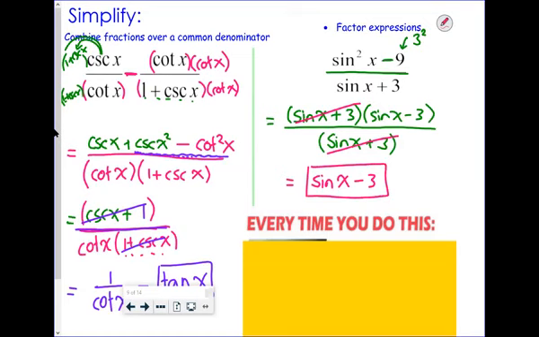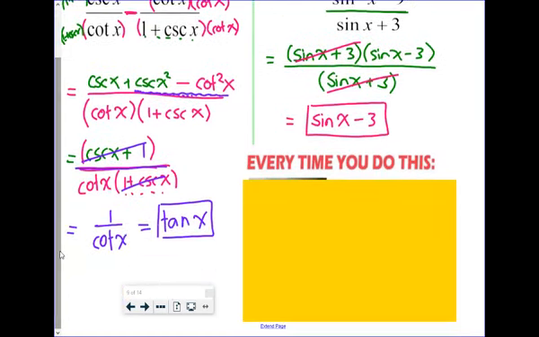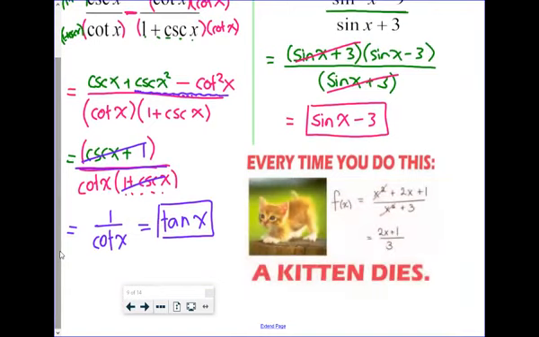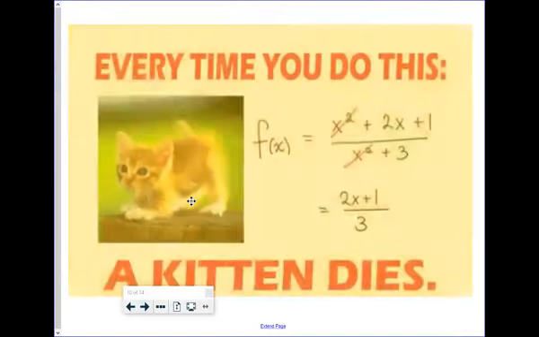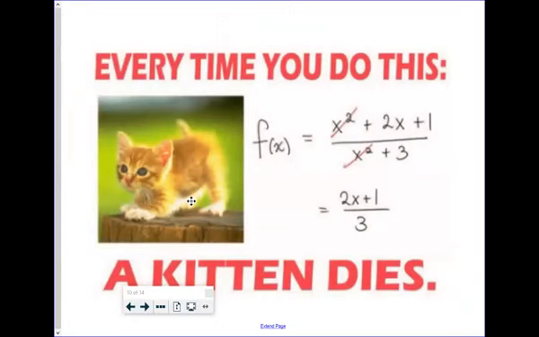And I've got this very silly meme that's reminding me of when you can cancel. You cannot cancel this x squared with this x squared because that's not a factor, that's a term. If you're adding things, you can't cancel out a little bit in the numerator and a little bit in the denominator.